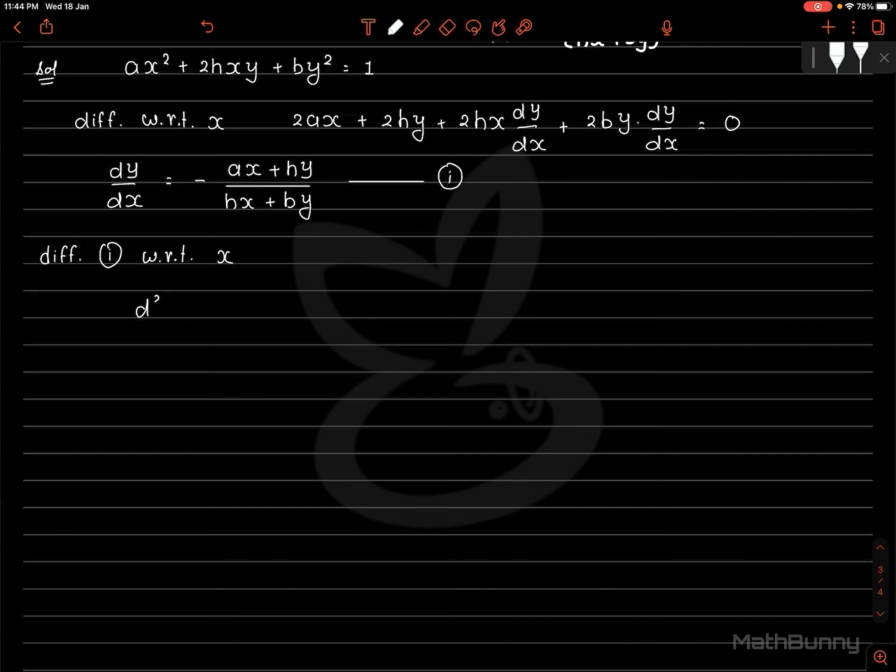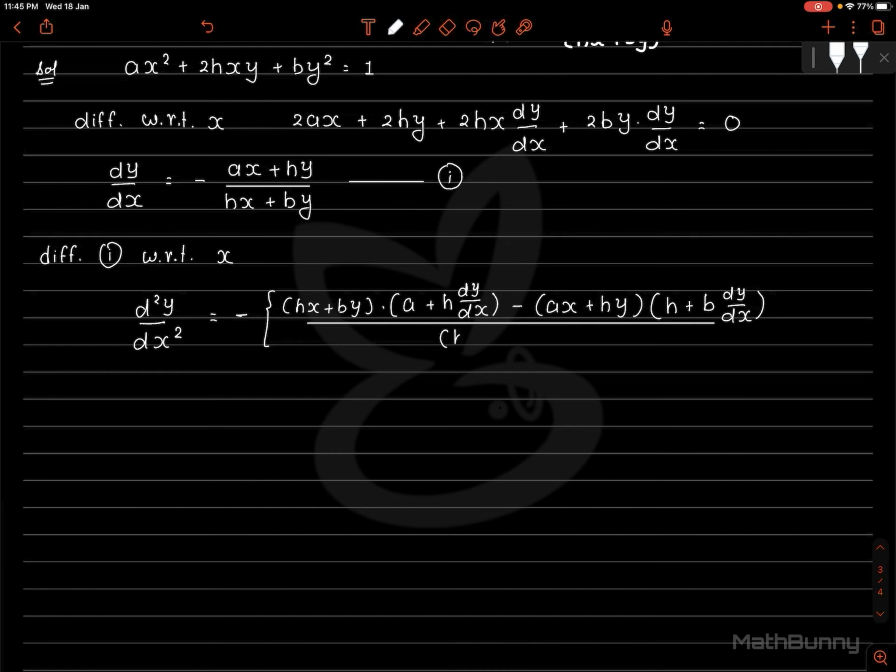We will get d square y upon dx square equal to, let us take minus common, 1 upon (hx plus by) multiplied by differentiating the numerator, we get a plus h dy upon dx, minus (ax plus hy) into differentiating the denominator, we get h plus b dy by dx, upon (hx plus by) whole square.